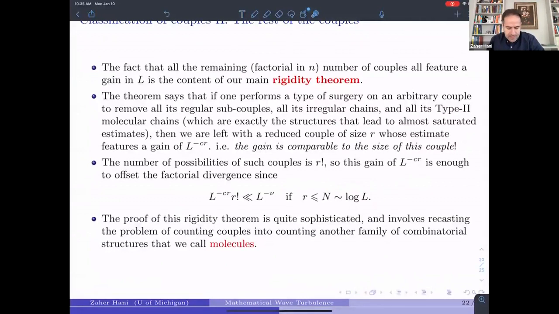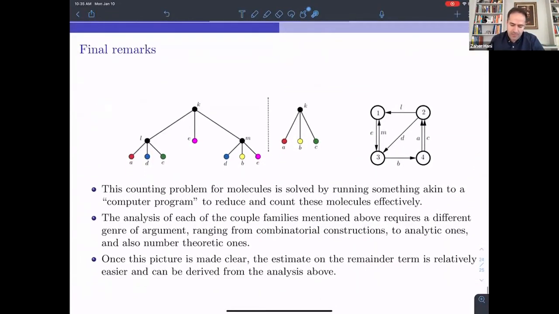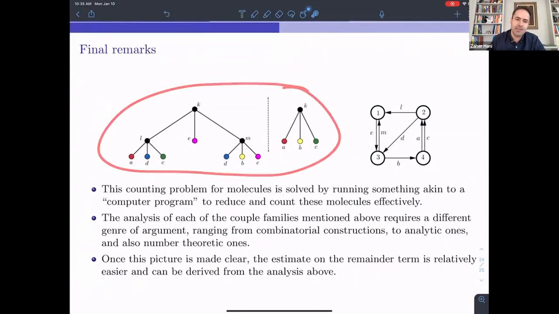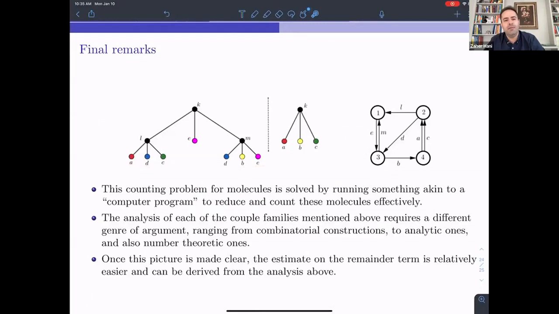And it involves recasting the problem of counting the couples into counting another family of combinatorial structures that we call molecules. So we have those Feynman diagrams. It turns out that they're not very convenient to do the estimates on. We recast the problem of doing the estimates on those couples into something that we call molecules.